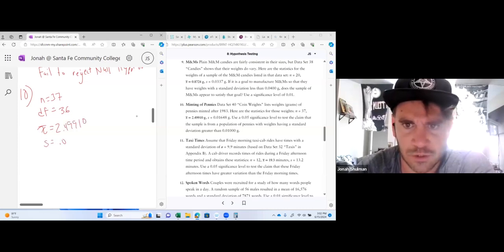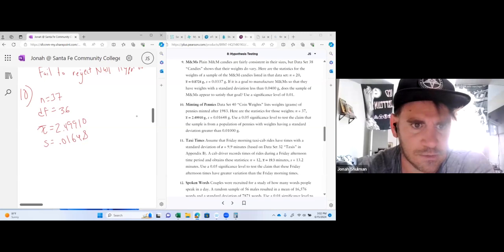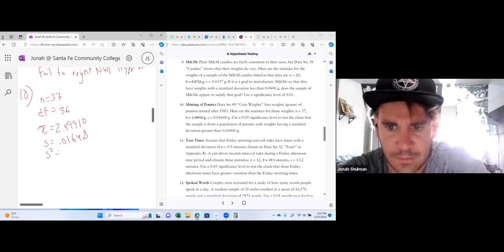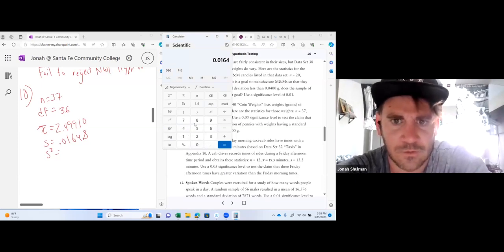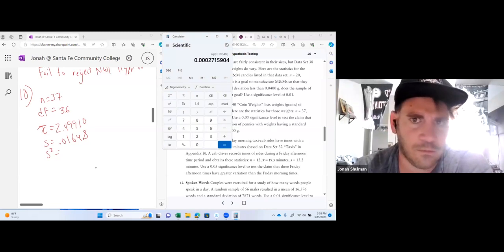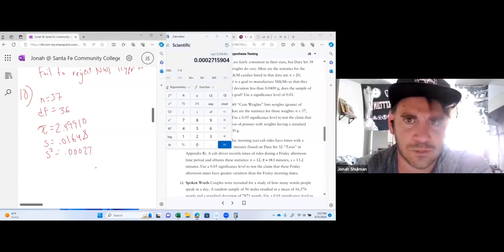Our S is 0.01648, which means our S squared is going to be 0.01648 squared, so 0.000271594.